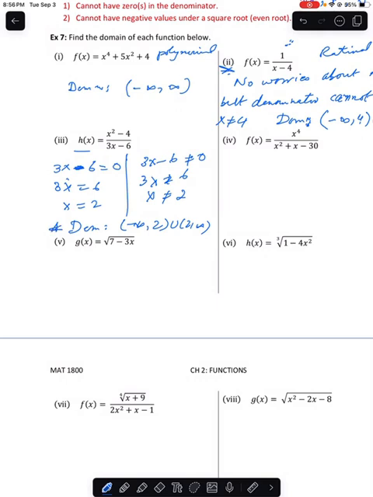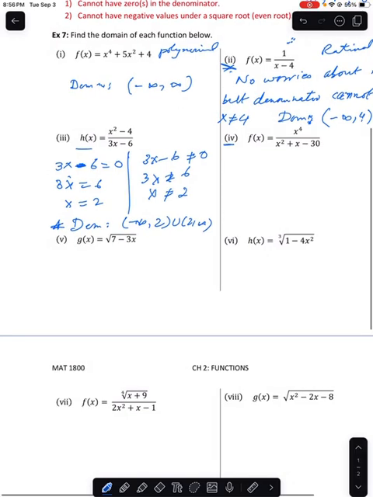Okay, over to the right, number 4. Another thing that you can do in number 3, let's go back to number 3, is factor the denominator. We don't care about the numerator.